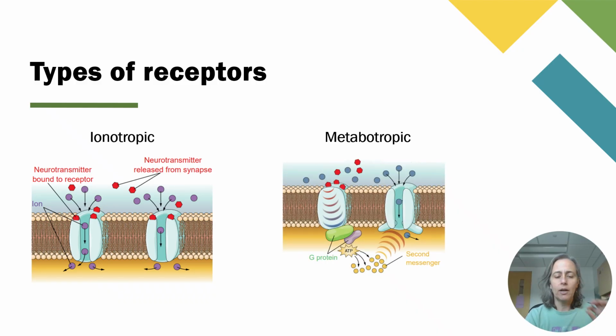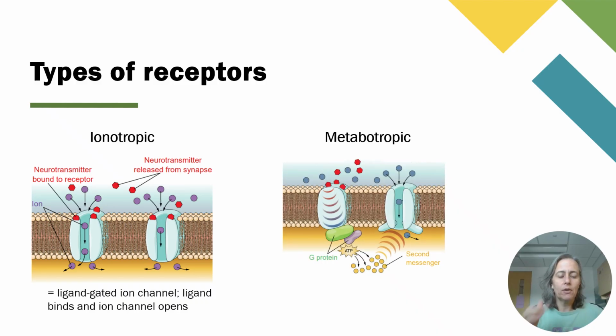They are a ligand-gated ion channel. They are an ion channel that opens in response to a certain molecule binding. And then depending on what type of ion channel they are, that ion will be able to move across according to its electrochemical gradient. So both the chemical concentration and the charge gradient will have an impact on which way it moves.